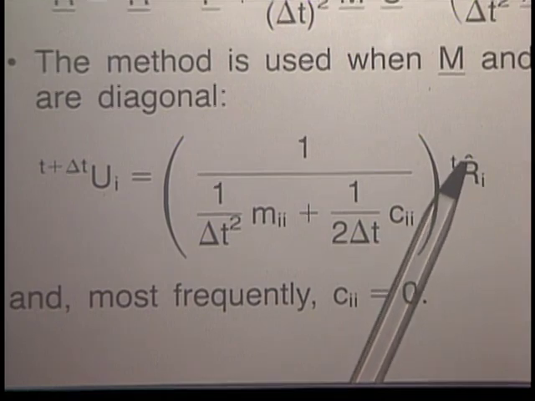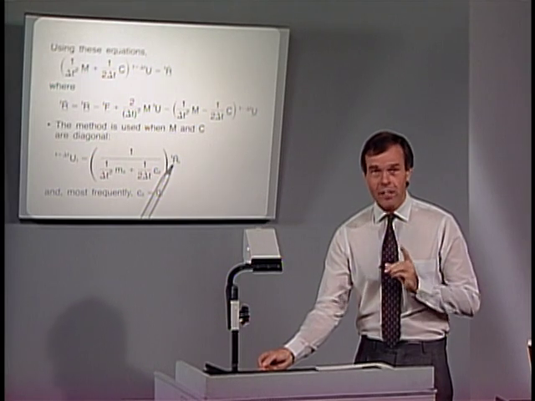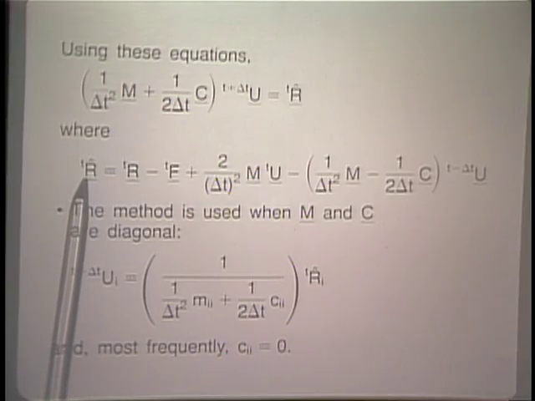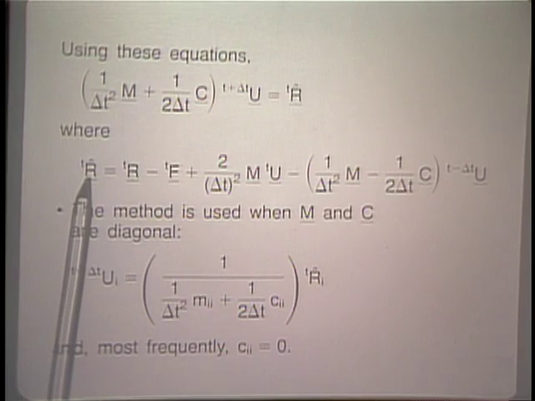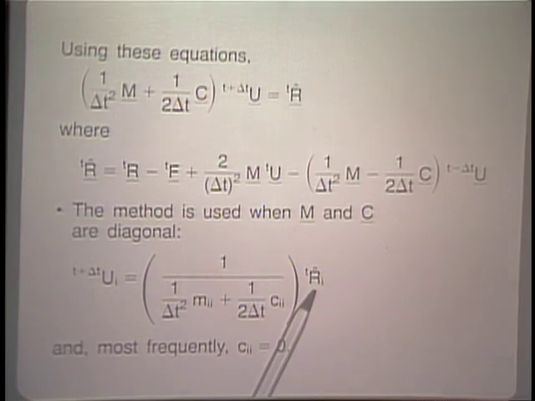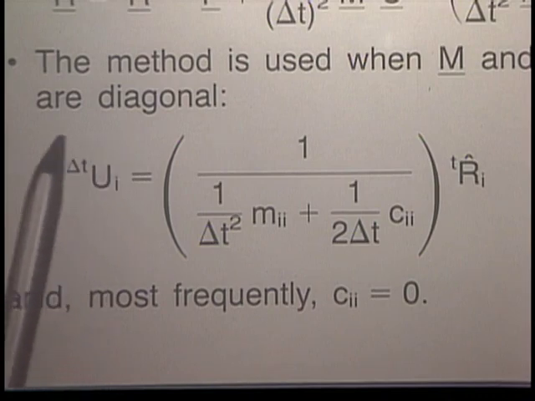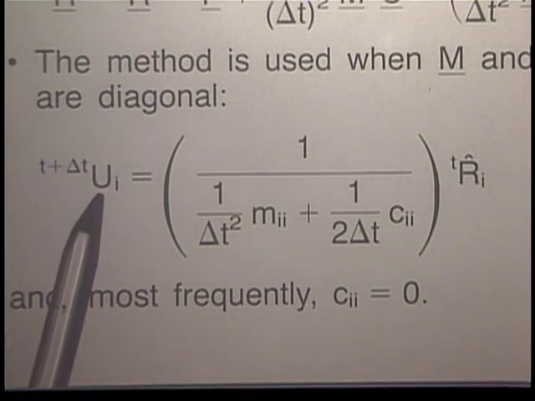But once we have calculated this vector here, we know the individual components. Then we enter here with that component corresponding to degree of freedom i, and directly we can calculate the nodal point displacements corresponding to degree of freedom i.